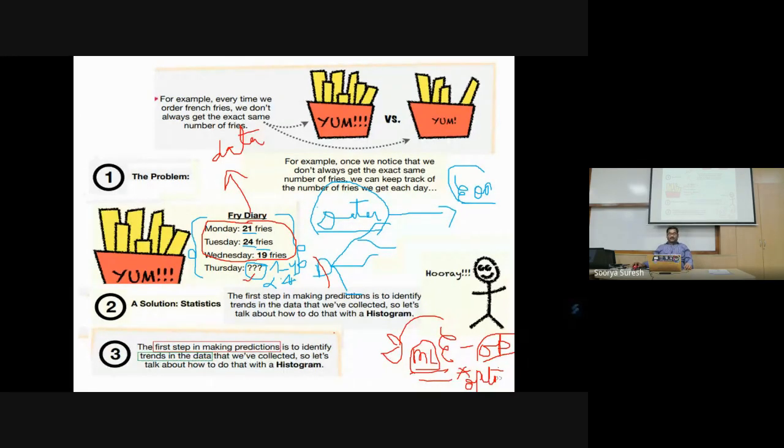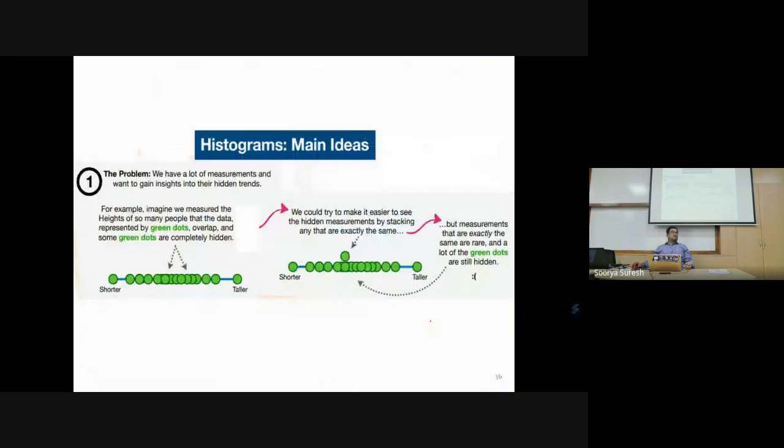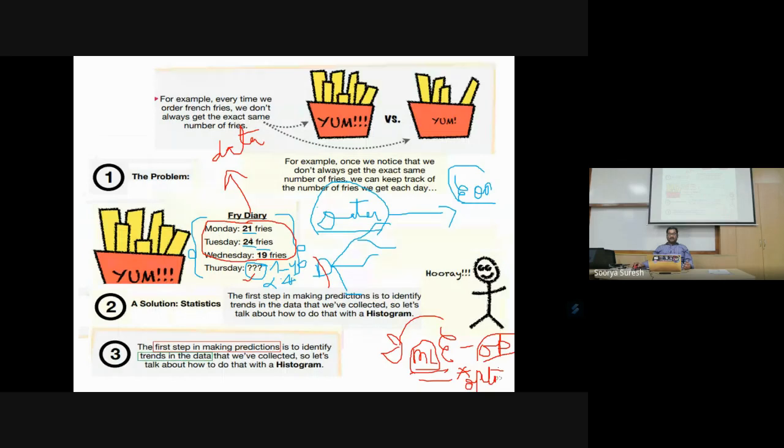So now this is the problem. Having this problem in the backend, we are going to study various techniques. The first technique we are going to study is histograms. So what is a histogram here? A histogram helps us to plot the data. Assume that this is the data point, same here, we have 21, 24, 19.